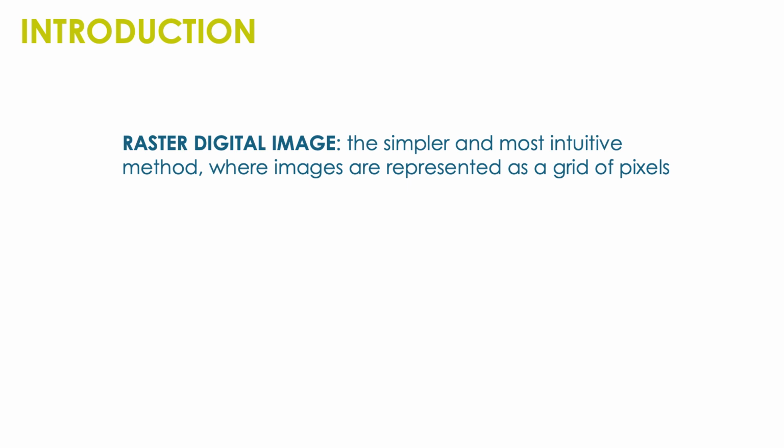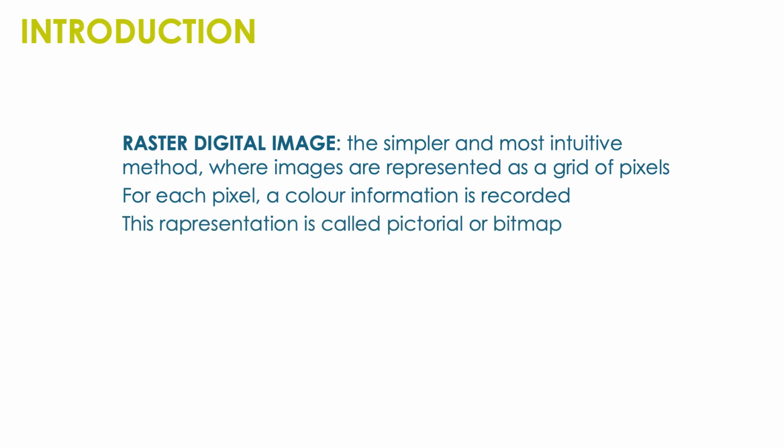In this format, images are represented as a grid of pixels, with each pixel storing color information. So we take an image from the real world, split it into a grid, and save color information. This representation is also called pictorial or bitmap.